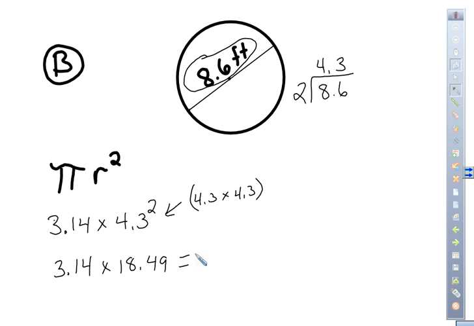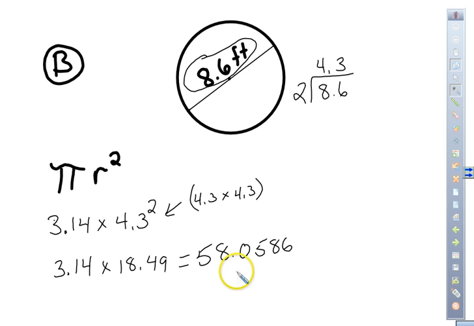And you're now going to take that times 3.14, and you're going to get an answer of 58.0586.